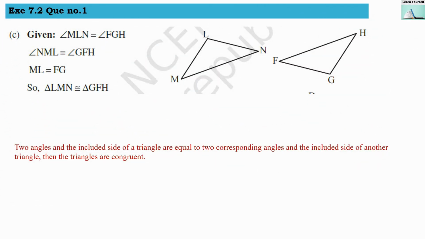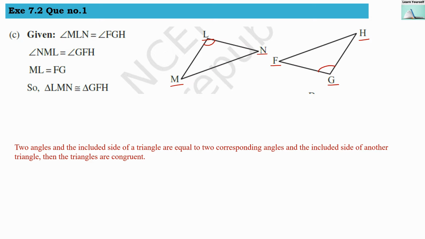Third question, C. Given angle MLN. So MLN, we are talking about this angle, is equal to FGH. FGH, so we are talking about this angle.